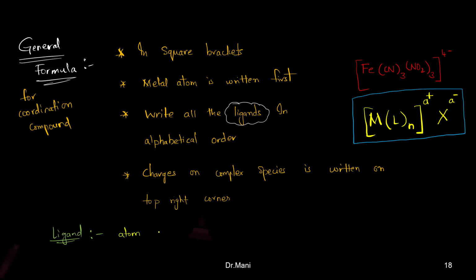It is an atom, or you can say a group of atoms, or you can say molecules, or it could be even ions, which donate an electron pair to the central metal atom.